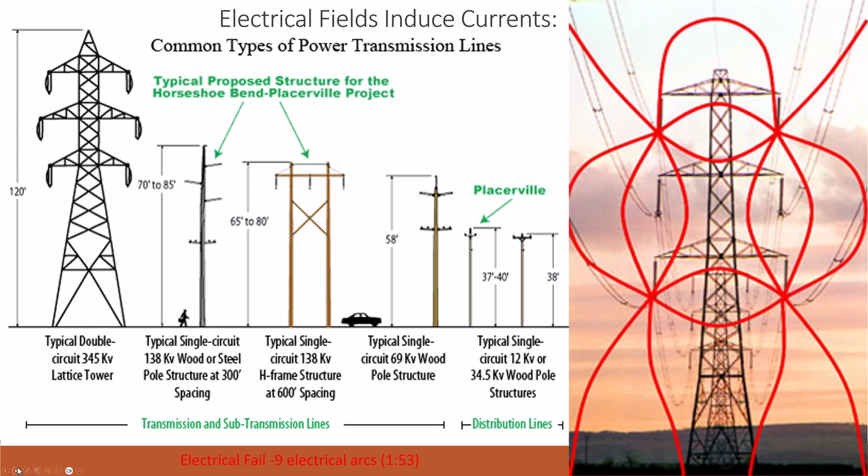The electrons don't like each other, and so they repel each other from the different wires, and they end up putting out a strange pattern that can be unpredictable to the average person. And so you can actually have an electrical field right there at the ground underneath these wires. So if you put a coil inside these electrical fields, you can induce a current in that coil and actually steal power from the power company.